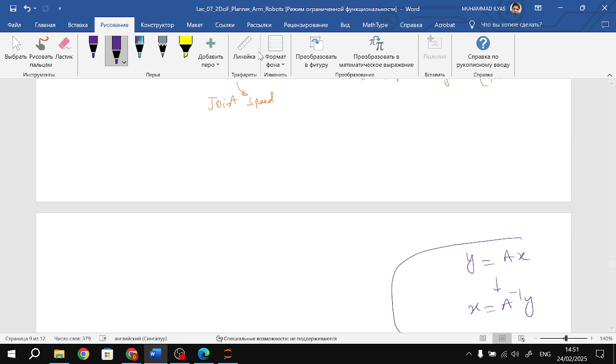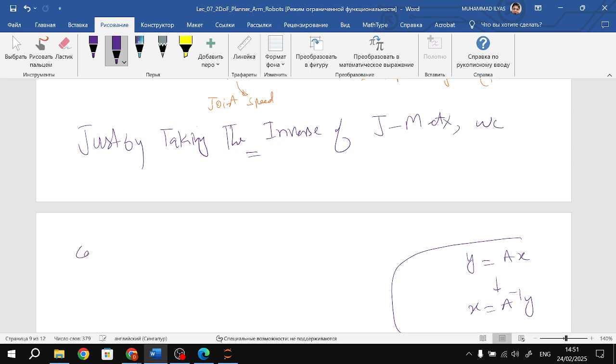Just by taking the inverse of the J matrix, we can get the inverse differential kinematic. So that's why I say that it is easy.